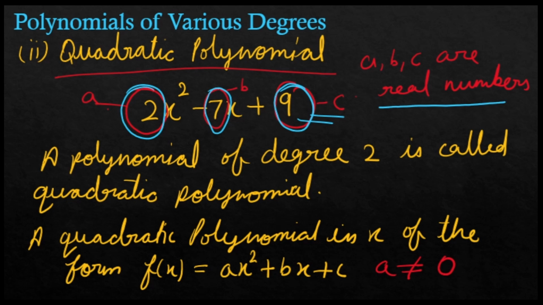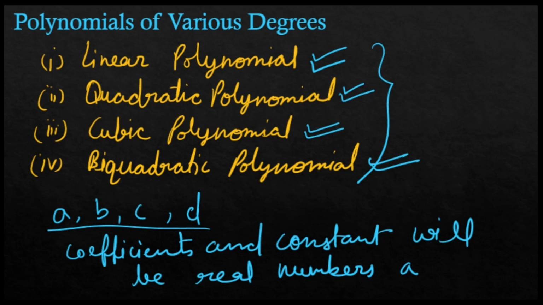All these will be real numbers, and a will not equal 0. Otherwise everything is the same except the degree: degree 1, then degree 2, degree 3, degree 4.